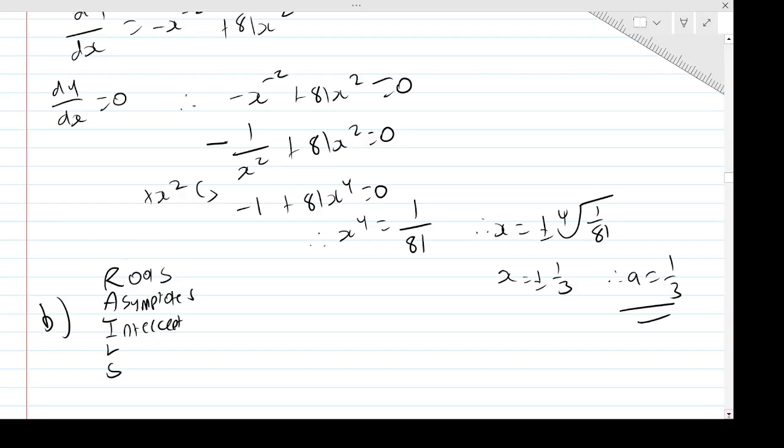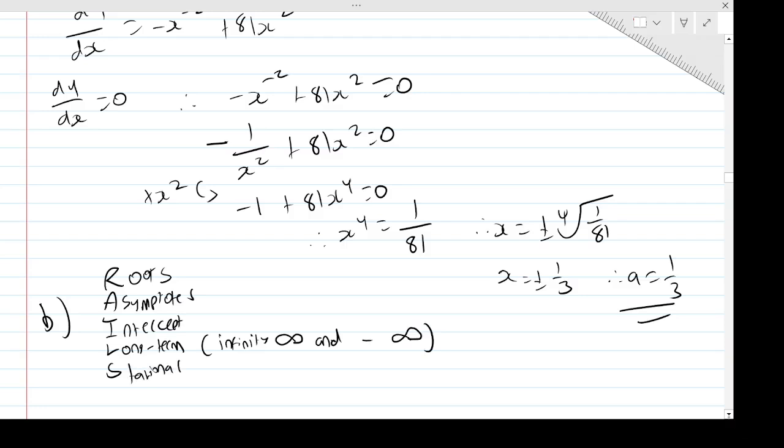Anyway, roots, asymptotes, intercept, long term, which basically means infinity. So what happens in the long term as the graph goes to infinity and minus infinity. And then stationary points.